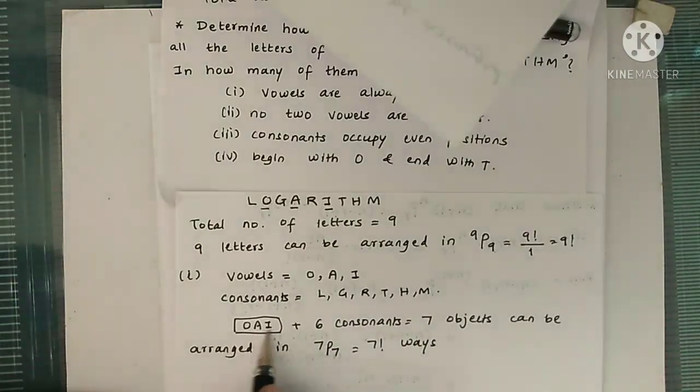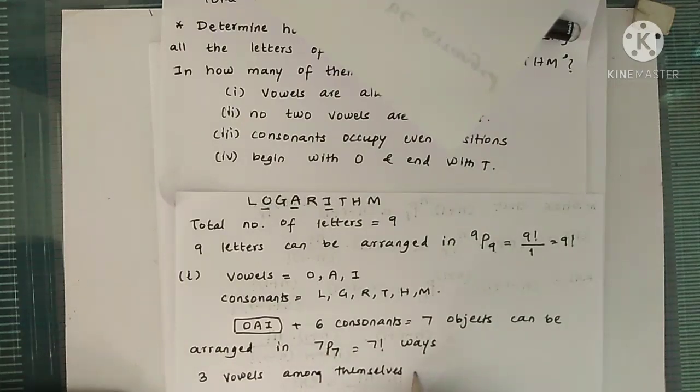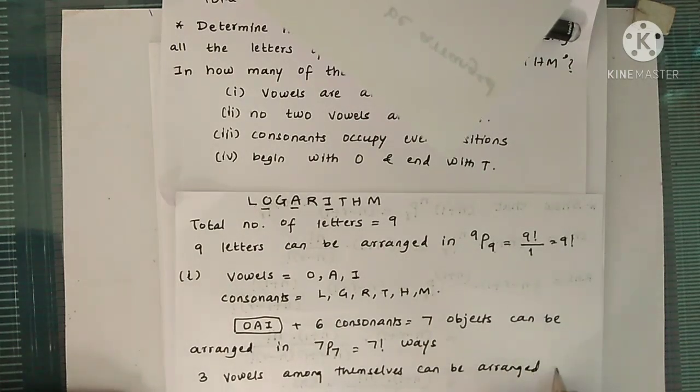Now these 3 vowels stay together, but among themselves they can be arranged in 3P3, that is 3 factorial ways. Means what?